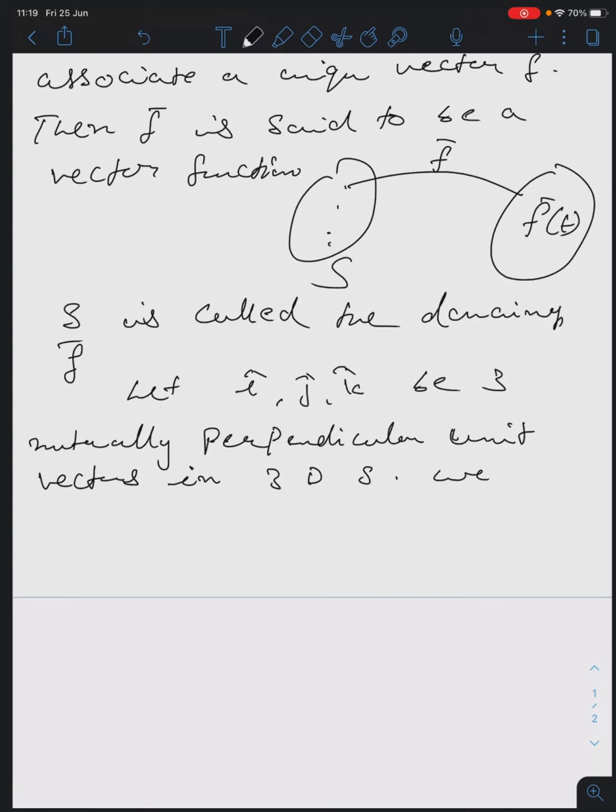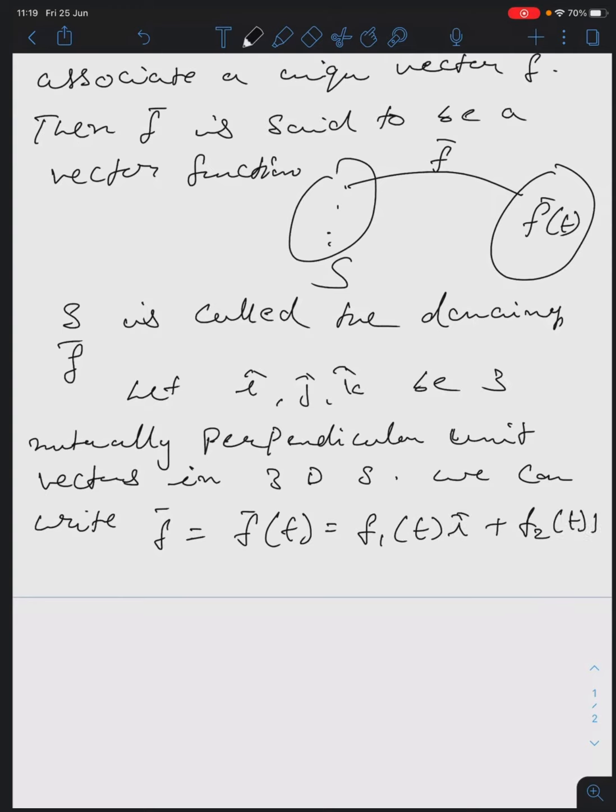We can write F bar of T component-wise as F1 of T I cap plus F2 of T J cap plus F3 of T K cap. Now observe, on F there is a bar, so the result is a vector.